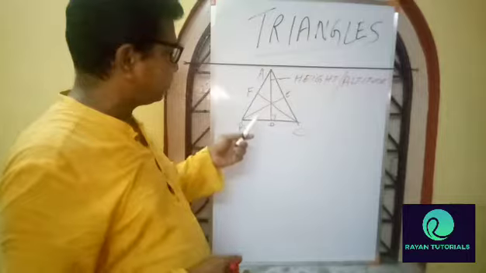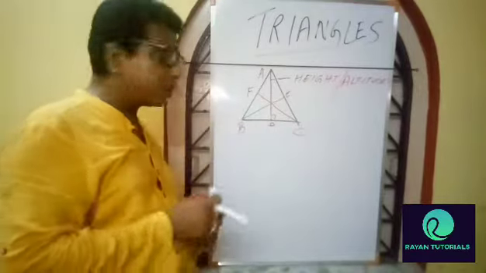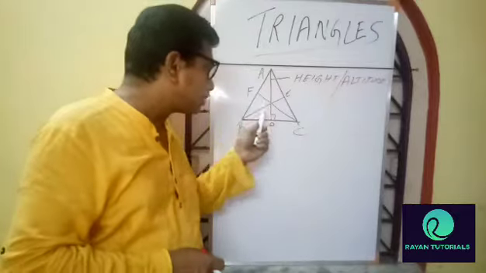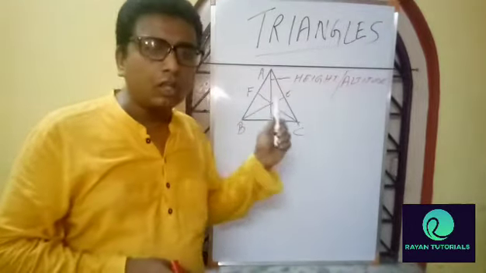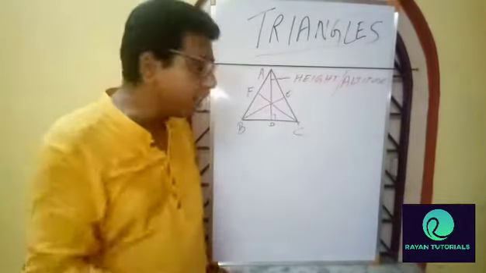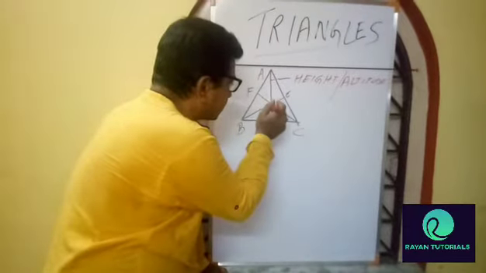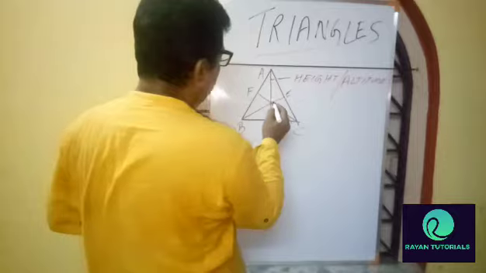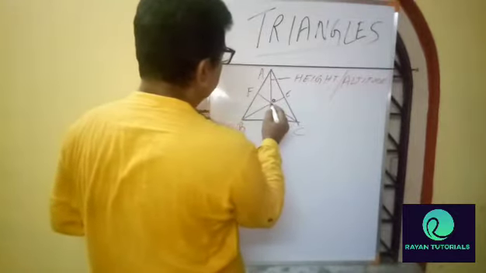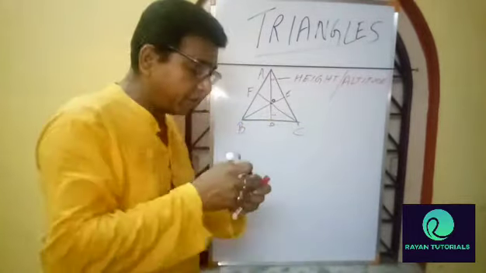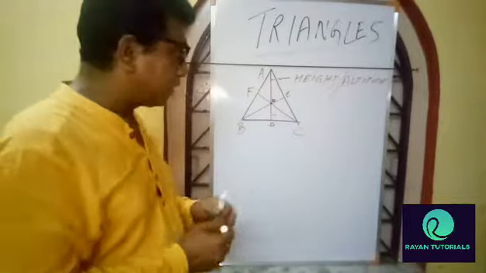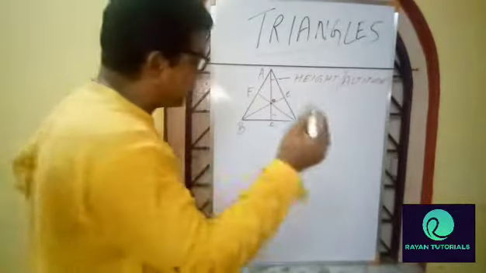Now see, not only in this diagram, you can try it out. In any diagram, all the 3 altitudes or all the 3 heights will be passing through a point. Let's name it O. They will all meet at a point. Now there is a special name for this point.